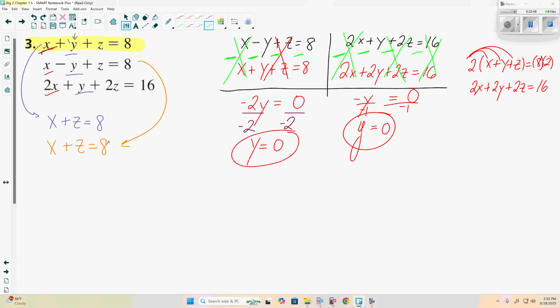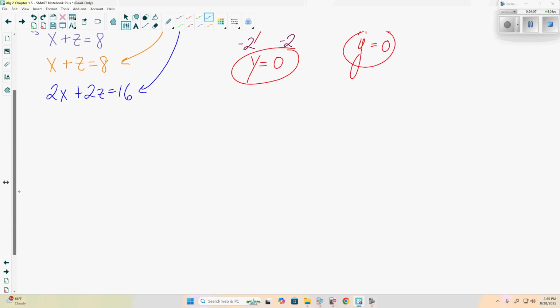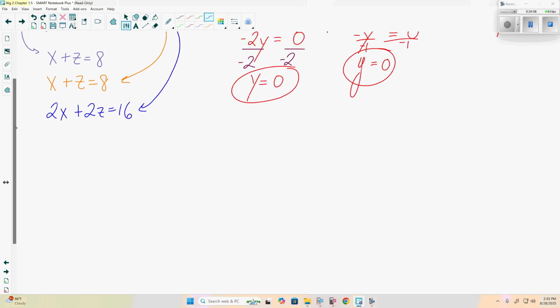Are those the same equation? Yeah. And the last one, if we plug in 0 for y, we get 2x plus 2z equals 16. Well, that's the same equation, isn't it? It's just multiplied by 2. So we know that these are all the same equation, yes?